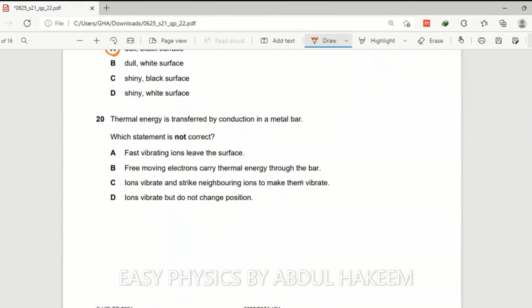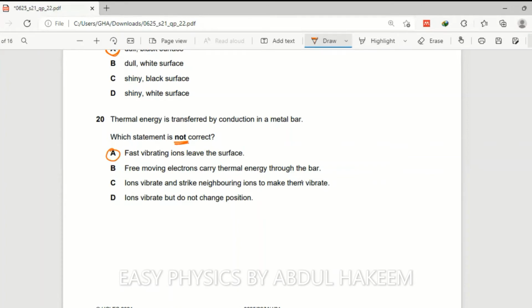Next, thermal energy is transferred by conduction in a metal. Which statement is not correct? Fast vibrating ions, no, not ions. So the wrong answer is A. So we have to opt for the wrong answer. Free moving electrons carry thermal energy, yes, in metal they do.